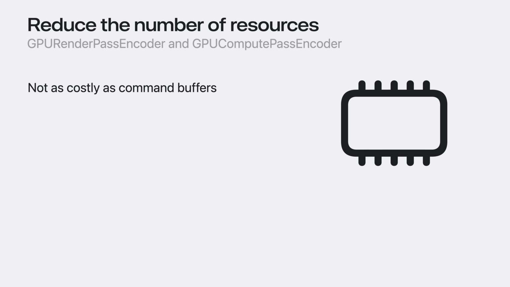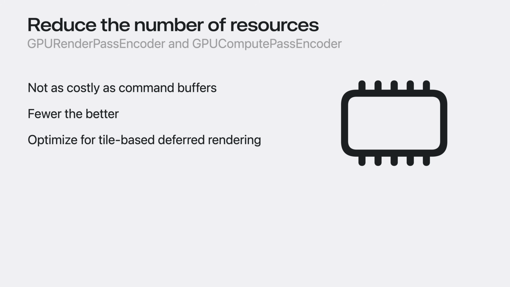Unlike command buffers, passes don't require synchronization with unified memory. They still consume substantial memory bandwidth, depending on the render target and compute dispatch sizes, so it's best to use as few as possible to save memory bandwidth. Like many mobile phones, the GPU in Apple's devices is based on a tile-based deferred renderer.